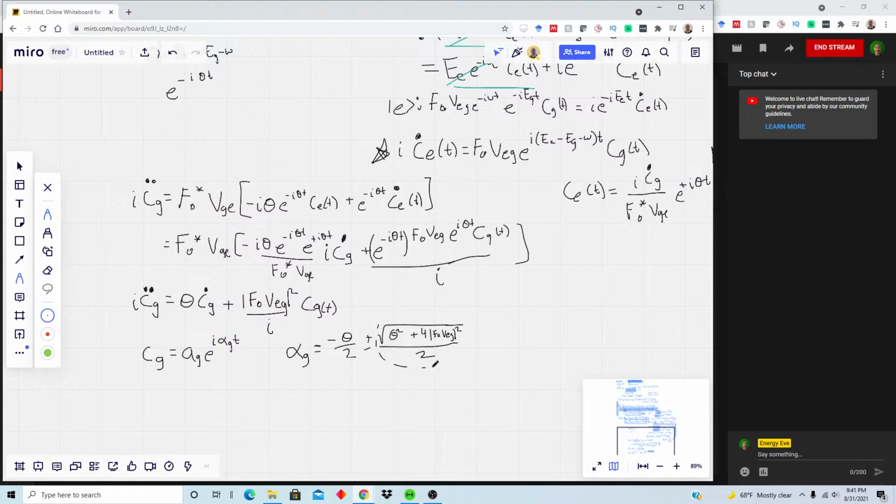Just for simplicity, this part right here, this is for future reference. This is going to be equal to capital omega, I believe. Is that a capital omega? Yep, capital omega. And notice how this definitely has a form very similar to the quadratic equation.